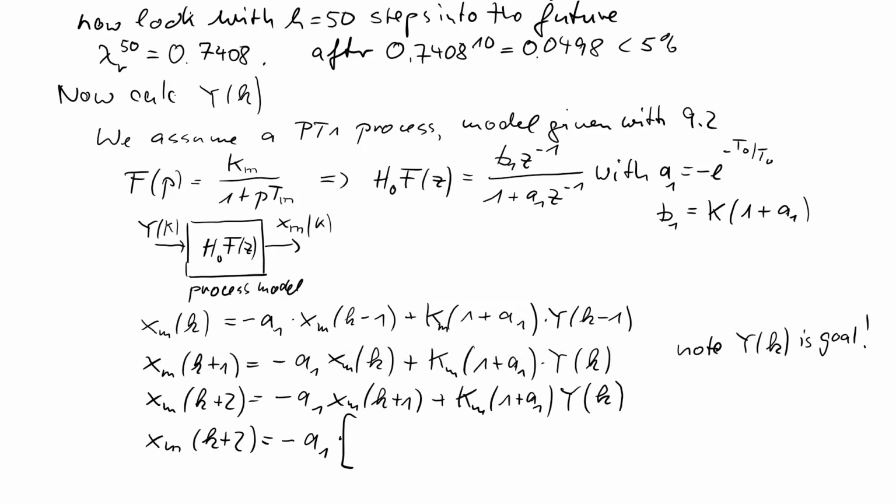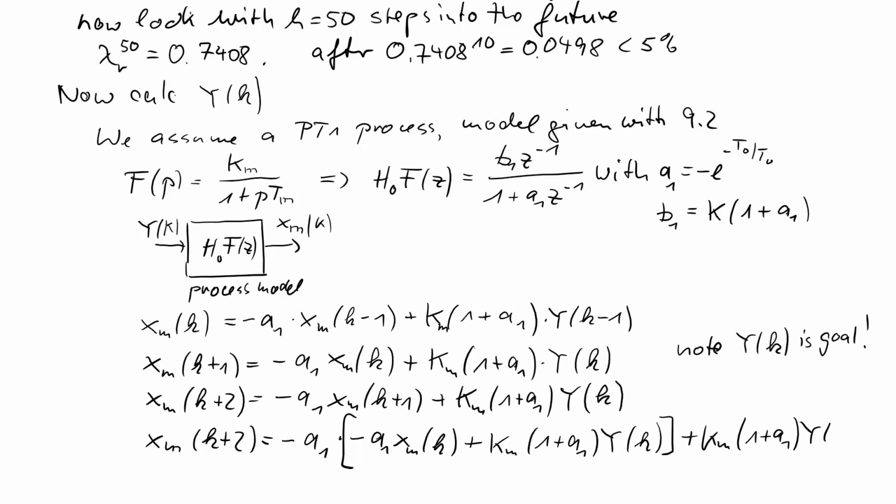Xm k plus 1 is this expression, is minus a1 xm of k plus km times 1 plus a1 times y of k, parentheses closed, plus, and now this second part, plus km times 1 plus a1 times y of k. You see, this leads to a rather large new equation, but we can put together these equations in the following way.